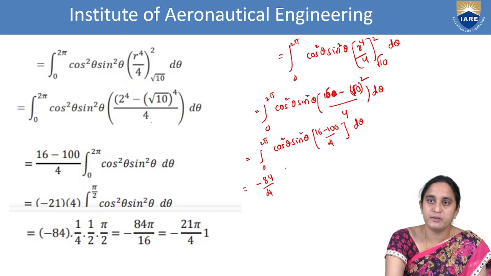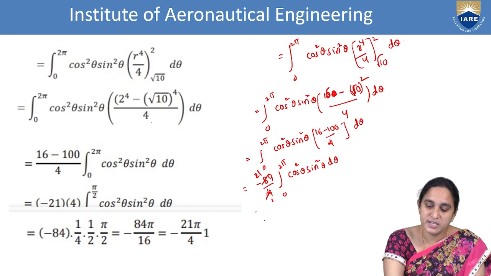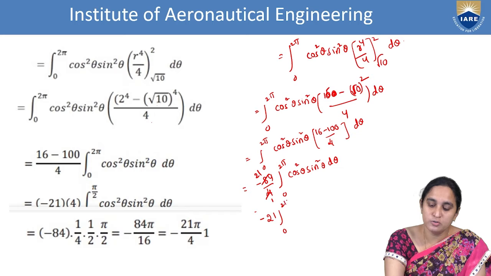Minus 84 by 4, integration of 0 to 2 pi cos square theta sin square theta d theta. Here 4 2s are 8 and 4 21s are 84, that means minus 21 into the integral of 0 to 2 pi cos square theta sin square theta d theta.